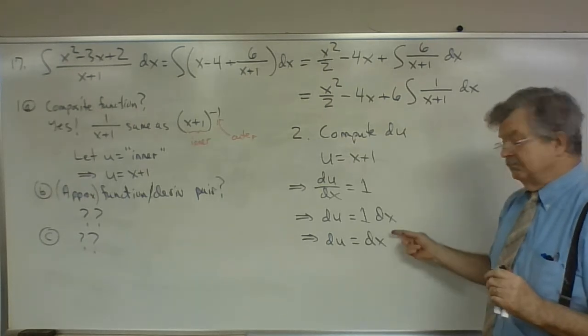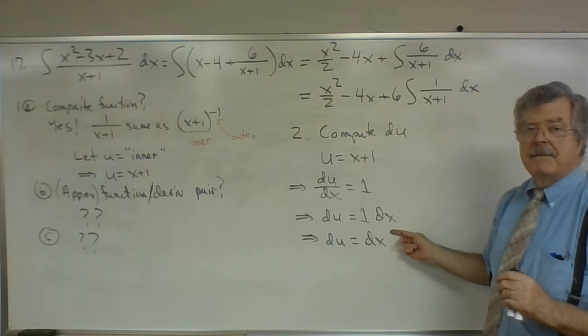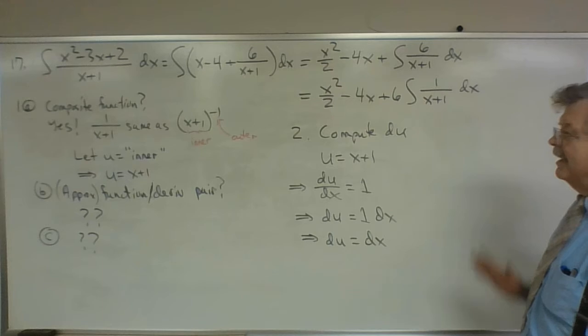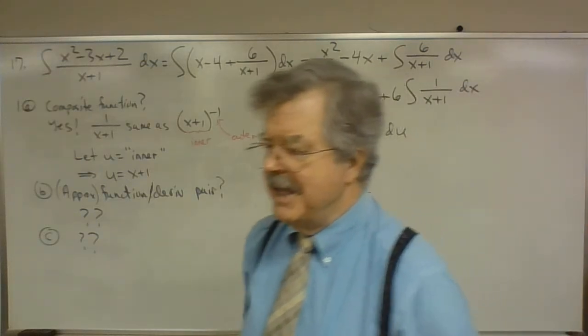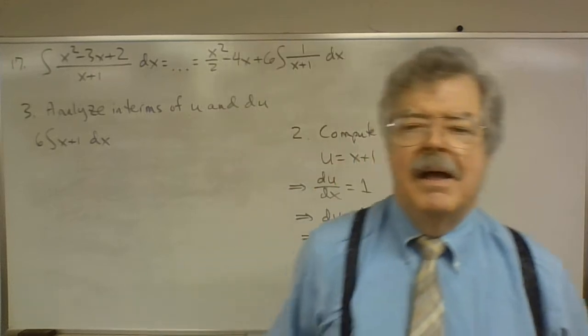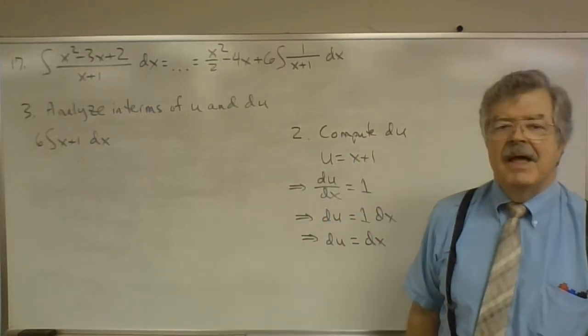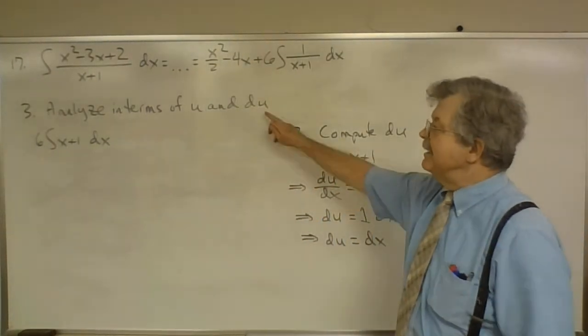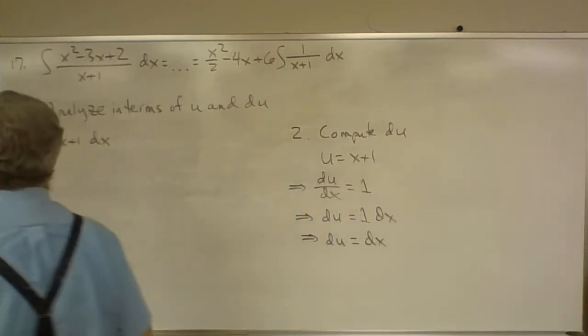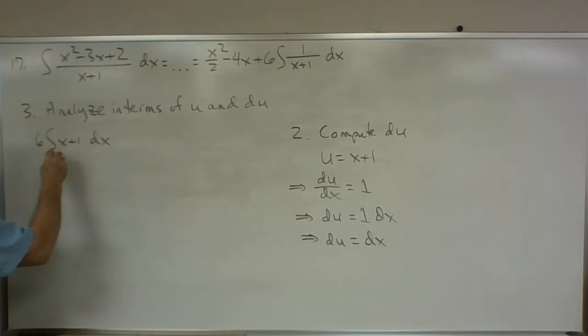But things look good now. Things look very good. Give me a second to rewrite again. I'm back. And we go to step 3, analyze in terms of u and du. x plus 1 is our u, and dx is the same as du.